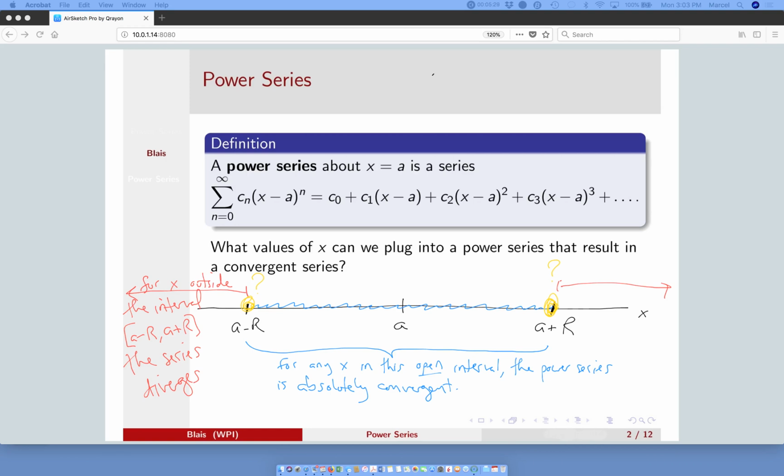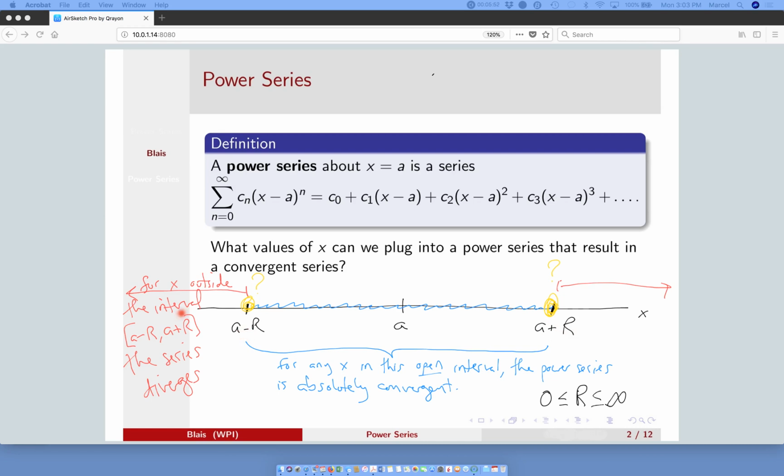Now R, the radius of convergence we call it, will be between 0 and infinity. If this R is equal to infinity, you can think of it like the right-hand endpoint is A plus infinity, and the left hand is A minus infinity.